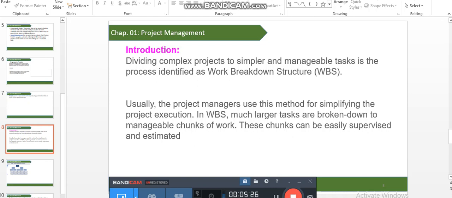The WBS dictionary provides more detailed description of the components in the WBS: code of accounts identifier, description of work, responsible organization, list of schedule milestones, resources required, cost estimates, quality requirements, acceptance criteria, contract information, and so on.